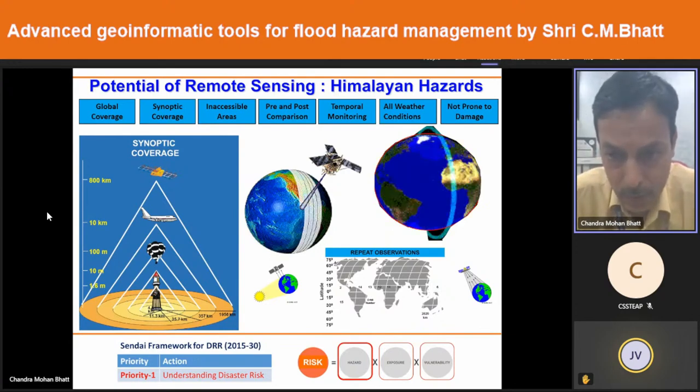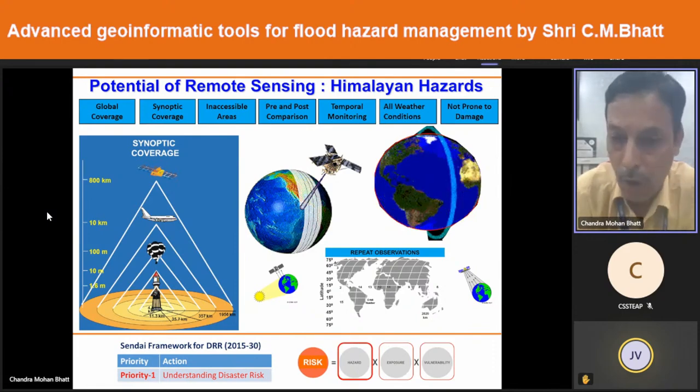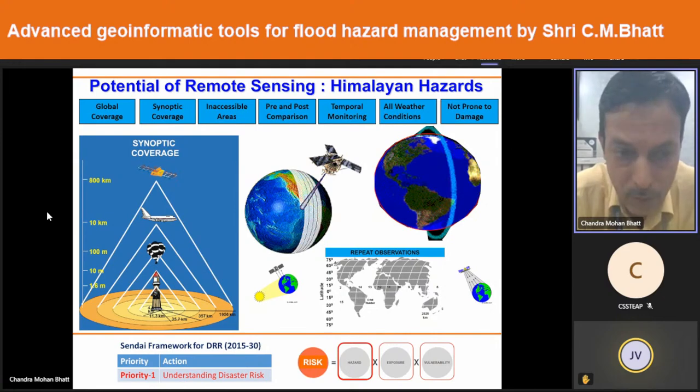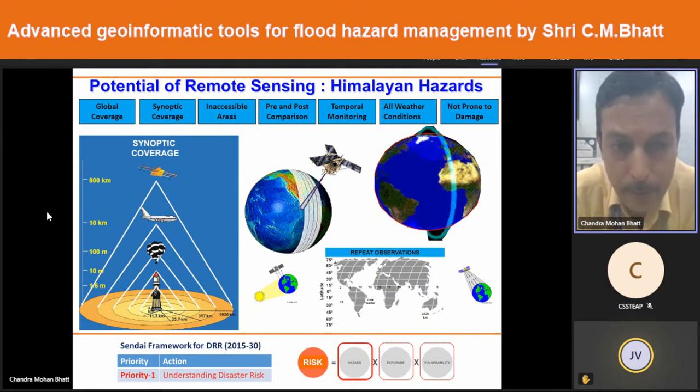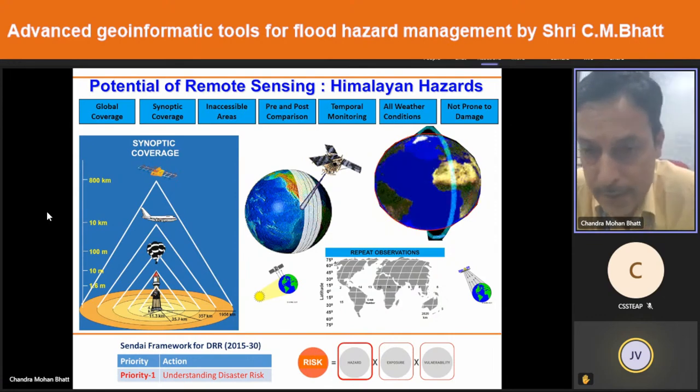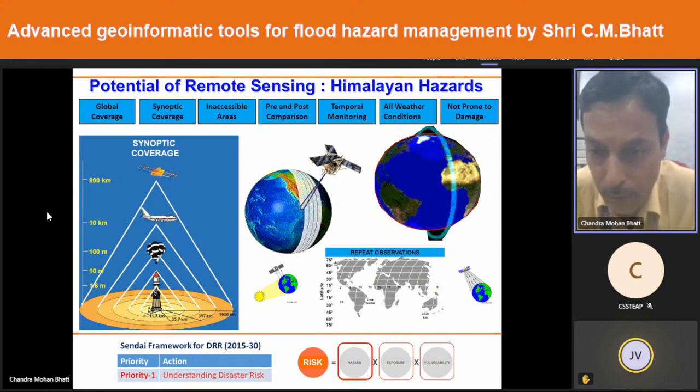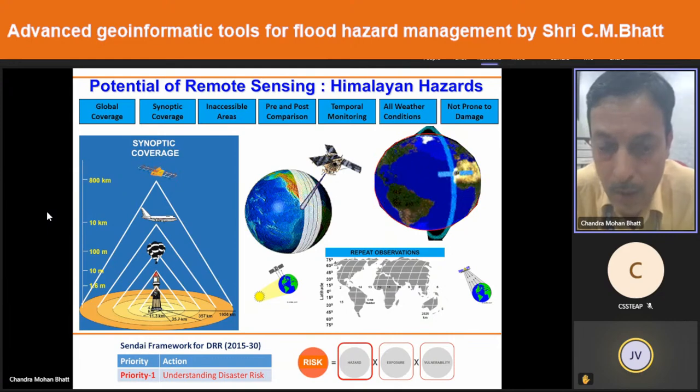Remote sensing is collecting data without being in physical contact with the object. And there are different kinds of platforms, as we have seen. It is so important because it has a global coverage. It gives you a synoptic coverage. It can cover those areas which we cannot cover during times of flooding, when we cannot be on the ground. It allows us to have a pre and post comparison.